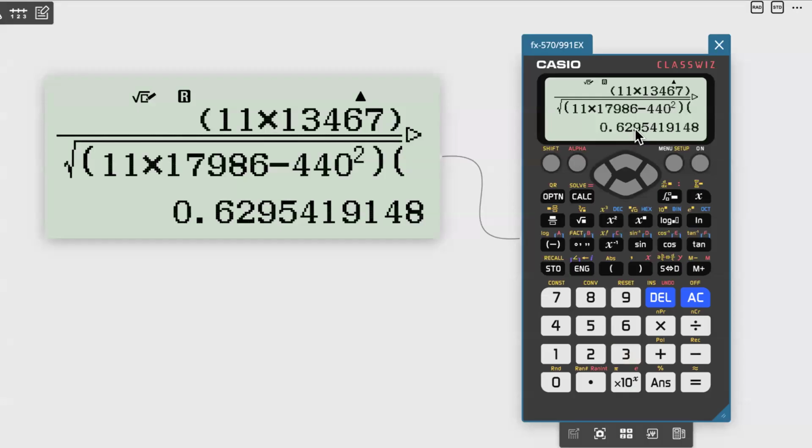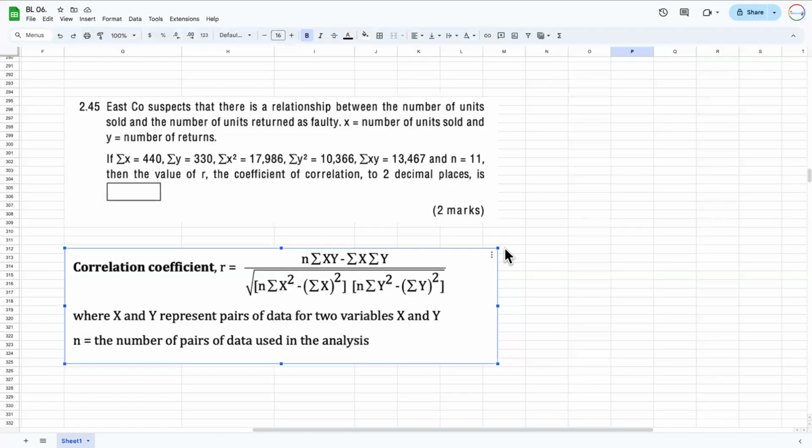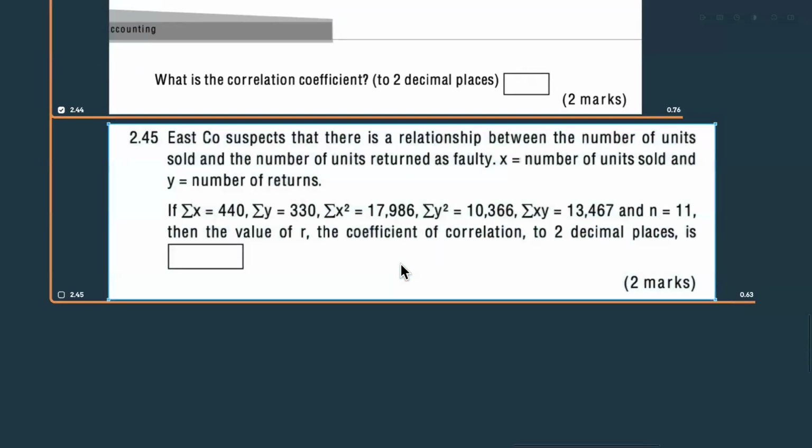If it is two decimals, 0.63. So 0.63 is going to be the answer. That's a positive one, right?